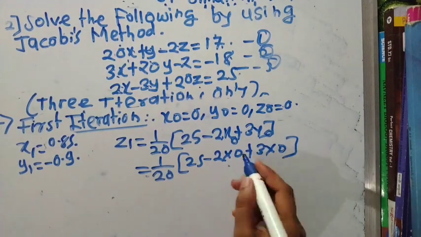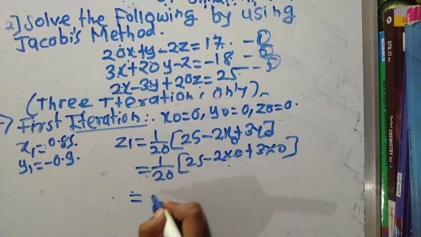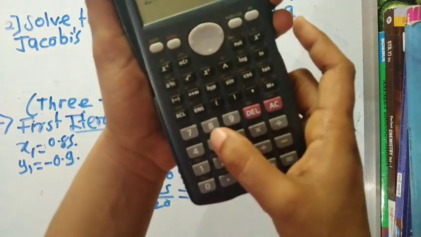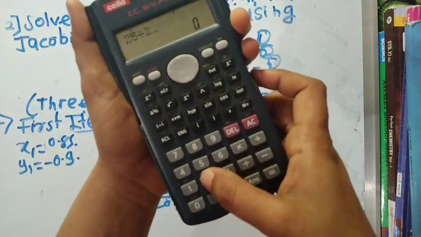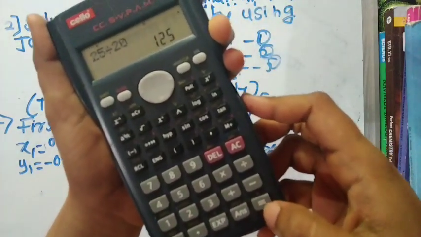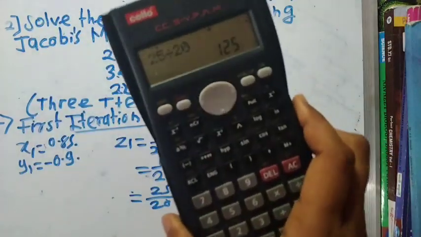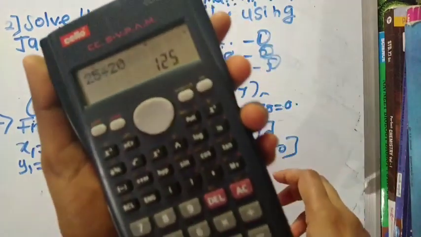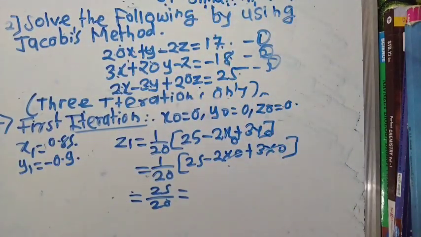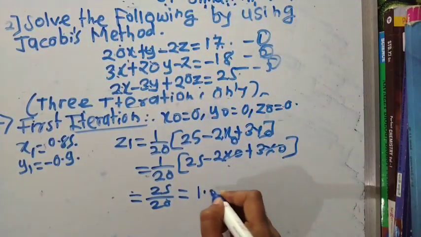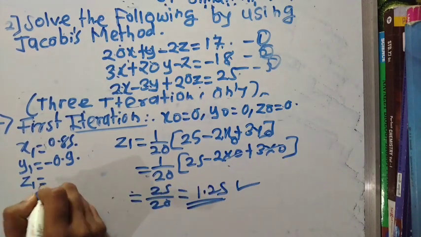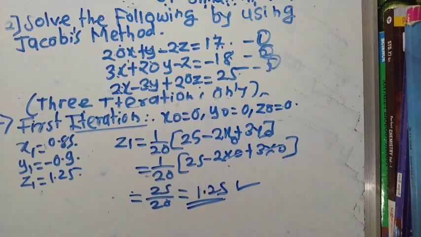So 0 and 0 cancel, which is equal to 25 divided by 20, which is equal to 1.25. So z1 is equal to 1.25.